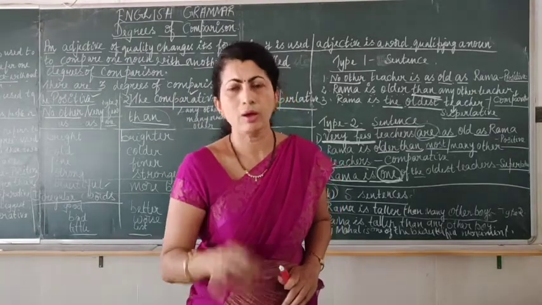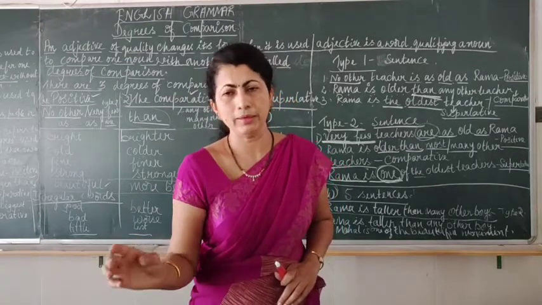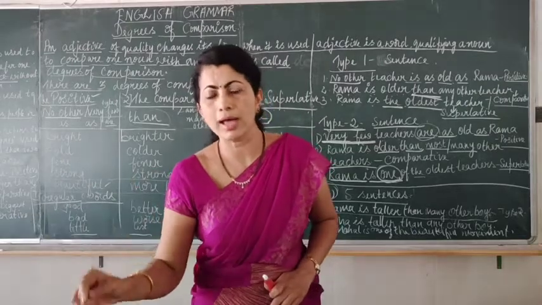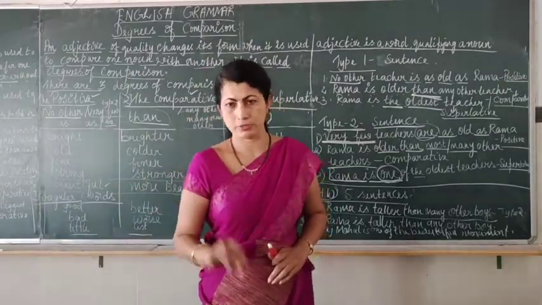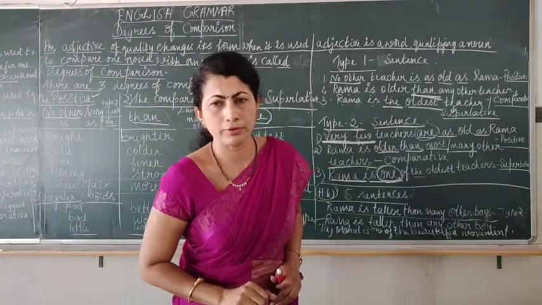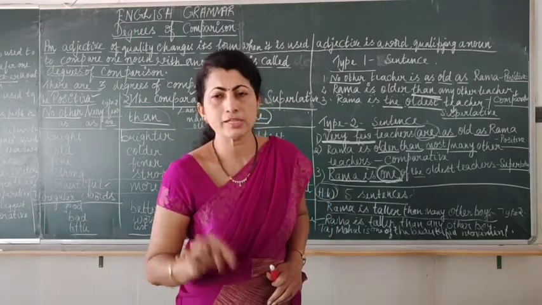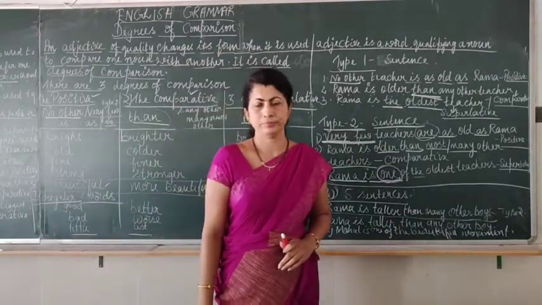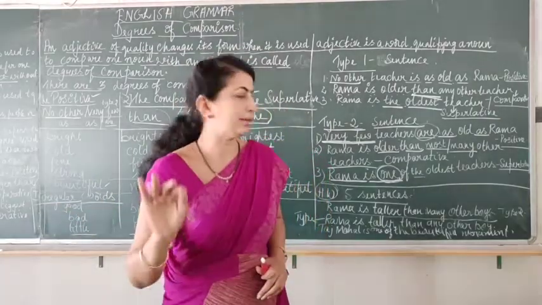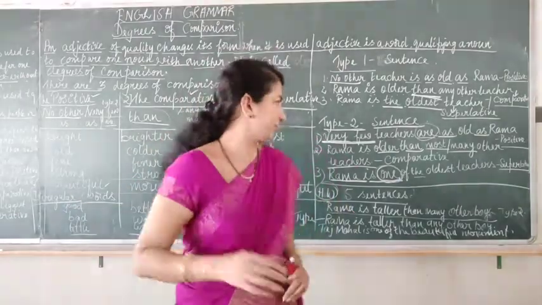No other mountain peak is as tall as Mount Everest in the world. Correct? Positive. Now how do we change it to the comparative? Mount Everest is taller than any other peak.